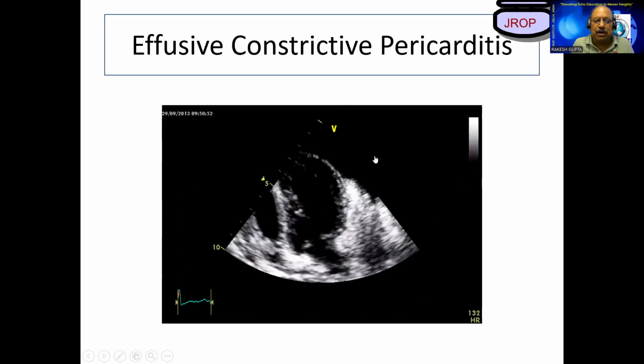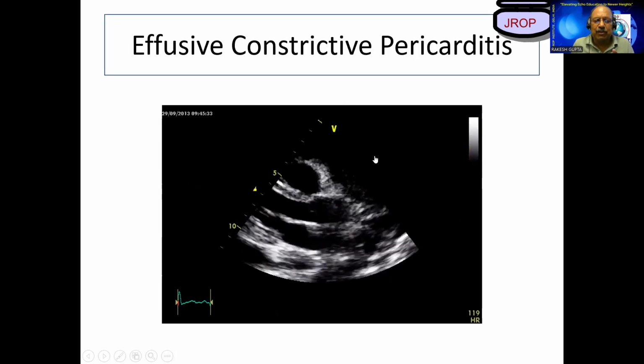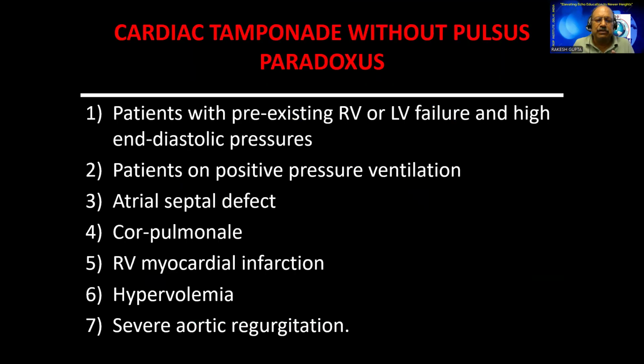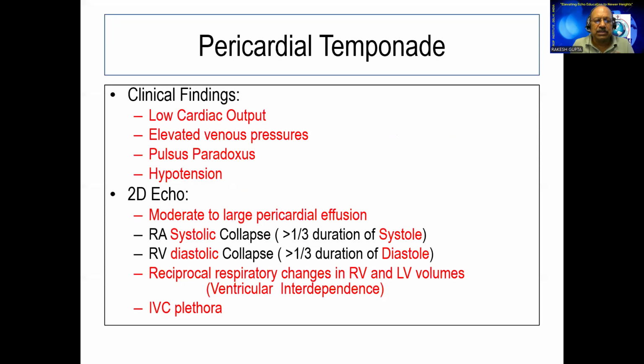And when we see this particular phenomenon of pericardial effusion along with the constriction, apart from the features which I taught you about pericardial tamponade, and what were the features I taught you about pericardial tamponade? These were the features: on two dimensions, moderate to large pericardial effusion. Now pericardial effusion is present with thickened pericardium. We have an RA systolic collapse, we have RV systolic collapse. We do not find any collapse.